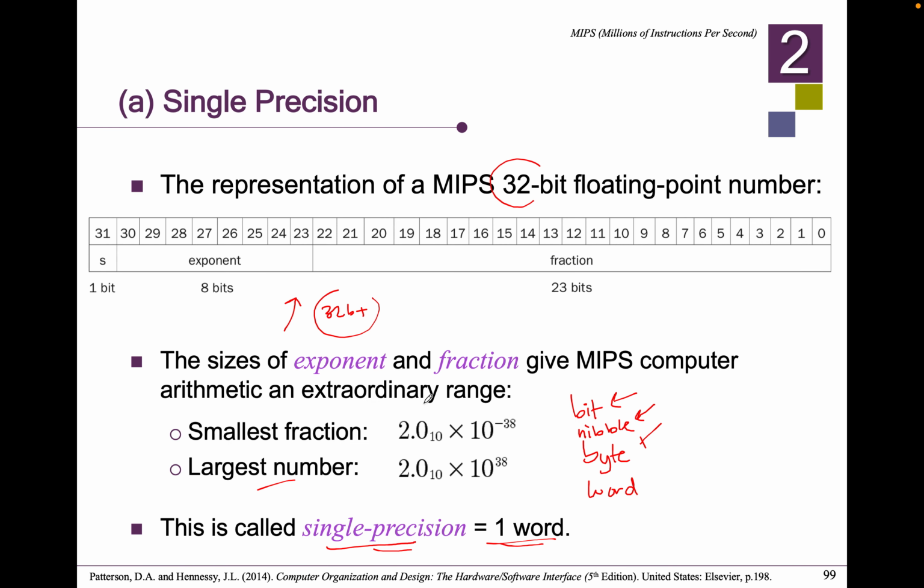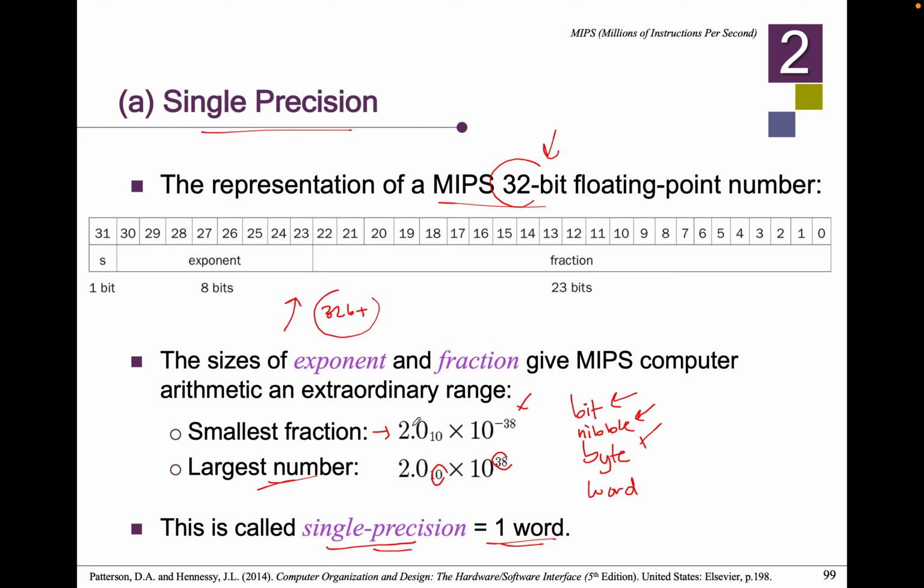So please make sure you remember the smallest, or lower bound, number that can be supported by 32-bit MIPS single precision, and the largest number, or upper bound, which is 2.0 base 10 multiplied with 10 to the power of 38.